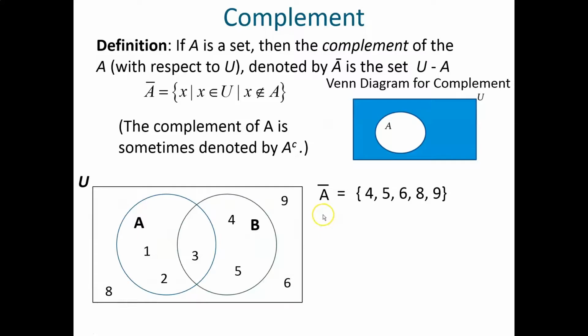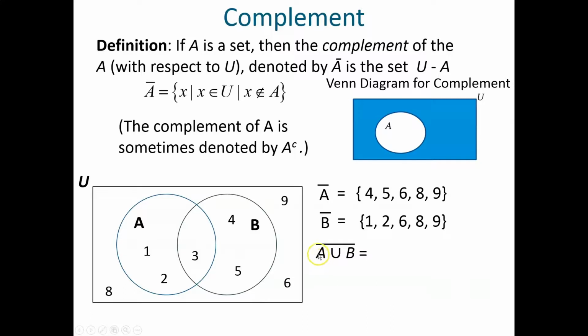What would be the complement of set B? So which means everything that does not belong to set B. So in this case, my answer is going to be 1, 2, 6, 8, 9, which are not included in set B. So what about this one?